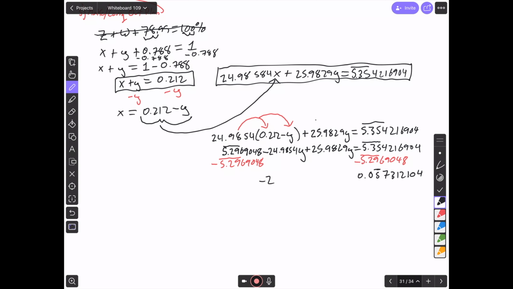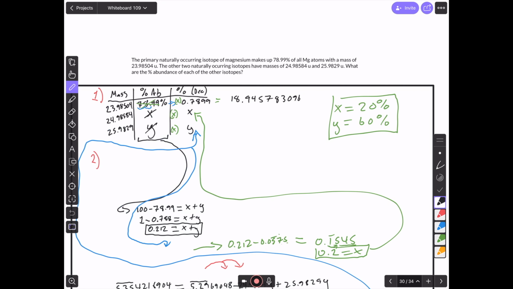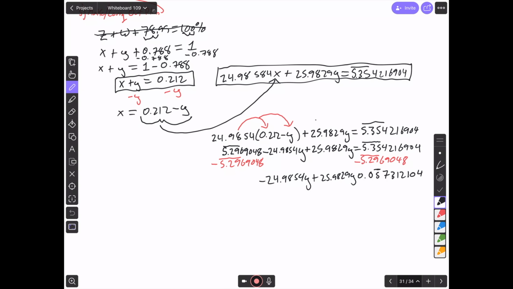All right, now I've got on the left negative 24.9854y plus 25.9829y. And what I need to do, whoops, let me redo that. Make that a little more consolidated. Equals. Okay, now I need to distribute out my y to get everything simplified.